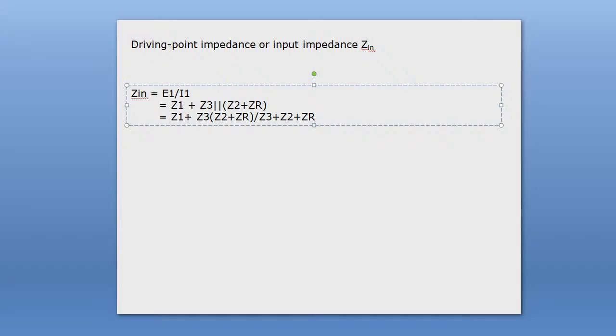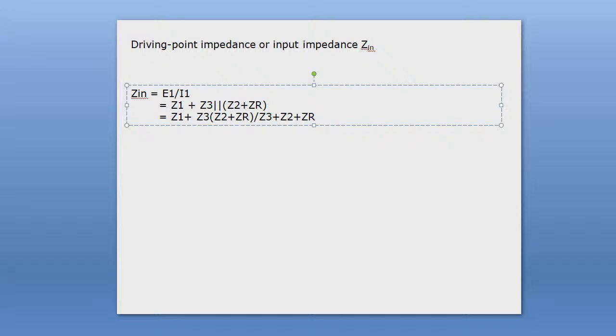So that's why I have written the driving point and input impedance is equal to Z1 plus Z3 into (Z2 plus ZR) divided by (Z3 plus Z2 plus ZR). If anyone has any doubt to derive the expression of input impedance, you write your confusion in chat box.